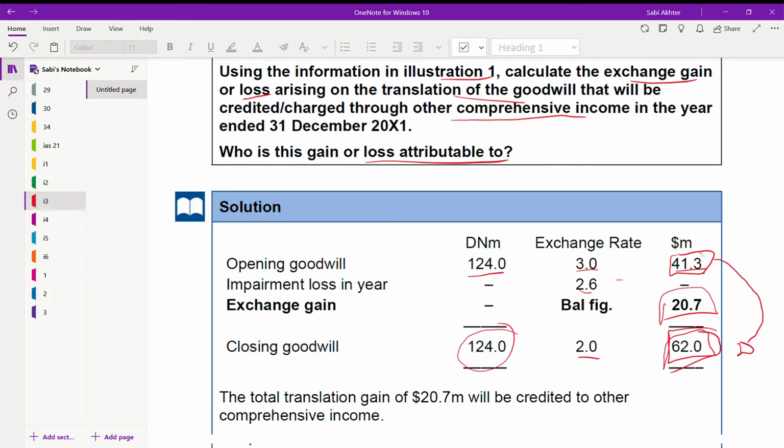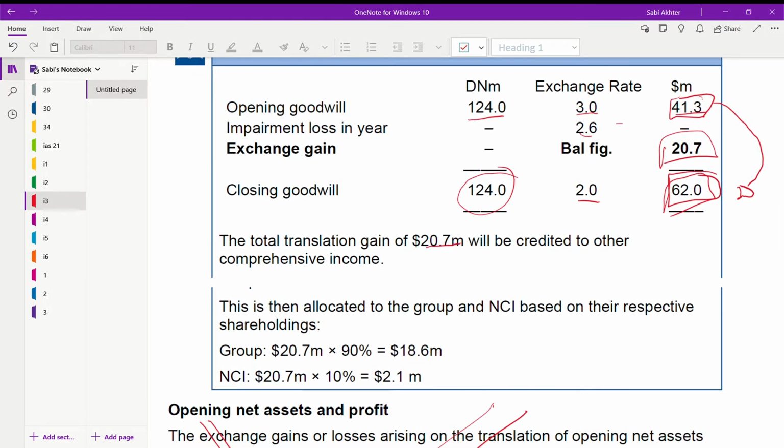So goodwill increase means it's a gain, exchange gain 20.7. Okay, and this 20.7 will go to OCI, other comprehensive income, and they told how much it will be allocated. It will be allocated 90% to the group and 10% to NCI. Okay, of this 20.7.